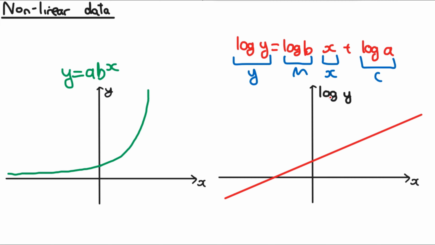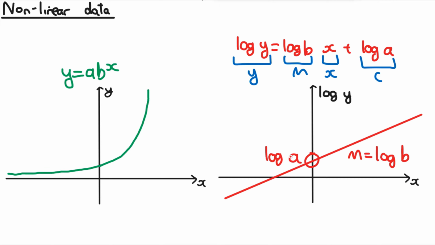And for this example, if you plot log y against x, so this time the x-axis remains as x, you get a straight line with the gradient being equal to log b and the y-intercept being equal to log a.